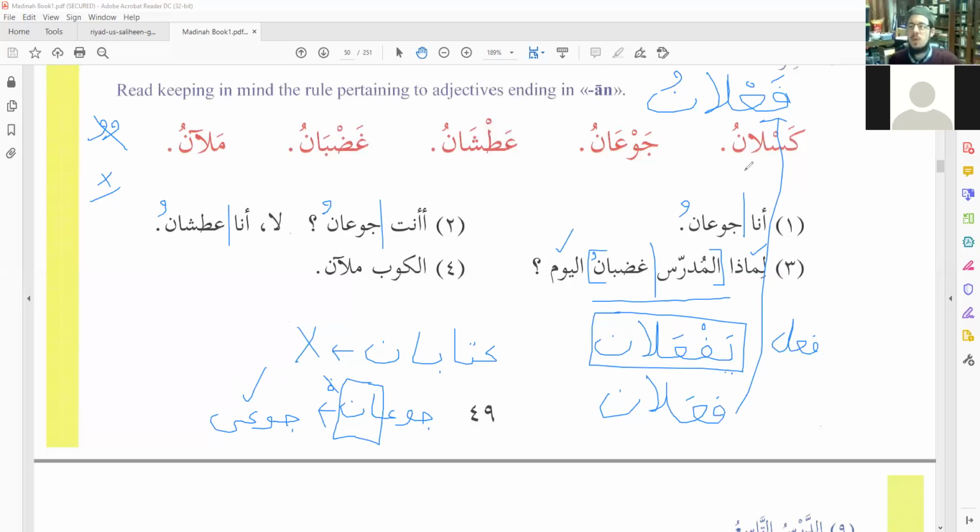What is it so specifically about kasilanu, jo'anu, atshanu that makes it mamnu' min as-sarf? Two things: the alif and the nun that's added onto it, and the fact that it gets even crazier once we make it feminine. Whereas a dual object, even if it has an alif and a nun, has a very, very regular pattern of becoming feminine.